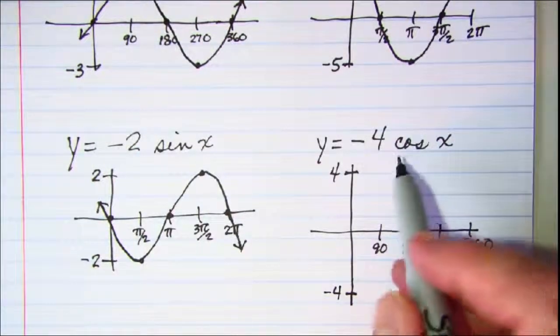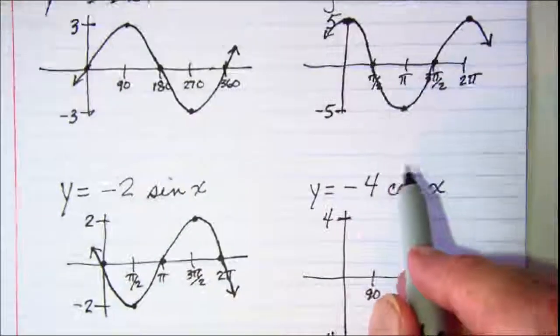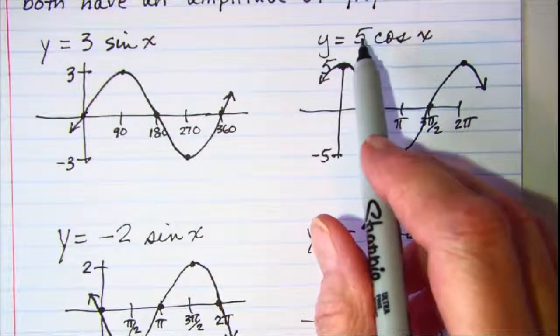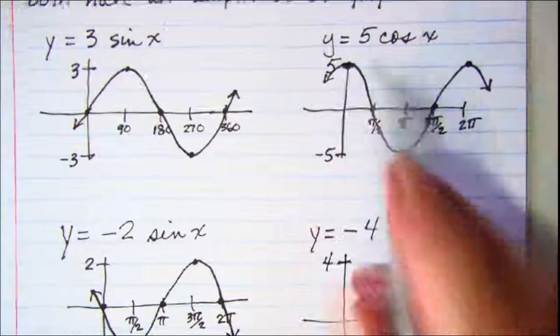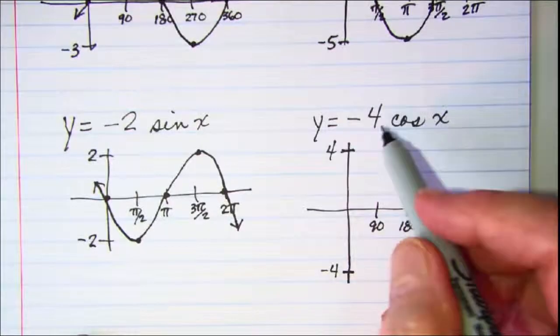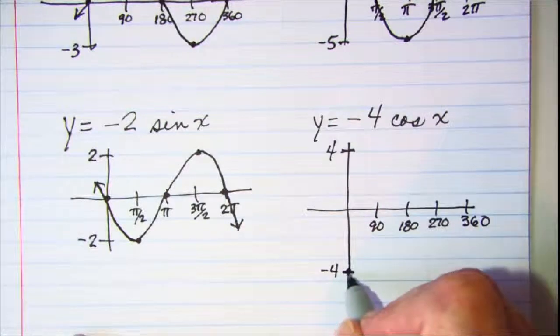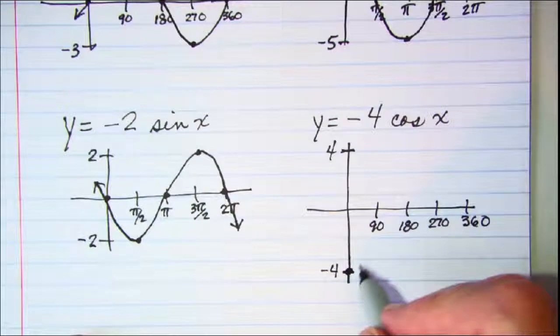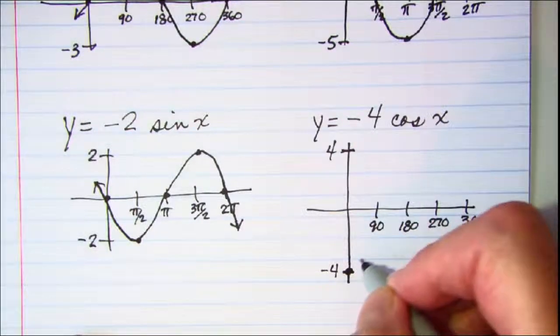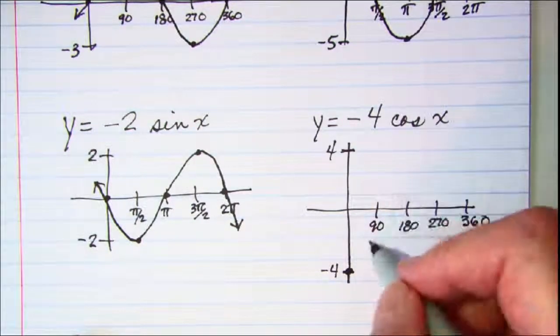Now for a cosine curve, the one with the positive a value, when x was 0, I started at the top of the curve. And for a negative a value, I need to start at the bottom of the curve. So I need to start down here at my minimum. And then it just follows the usual period for a cosine.